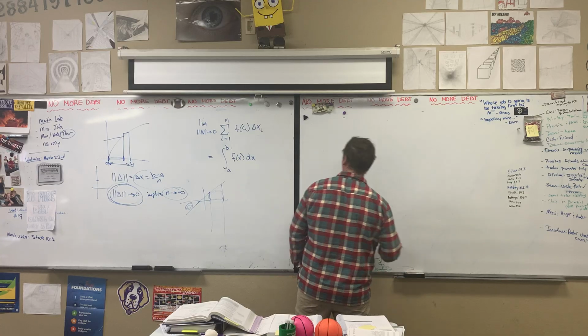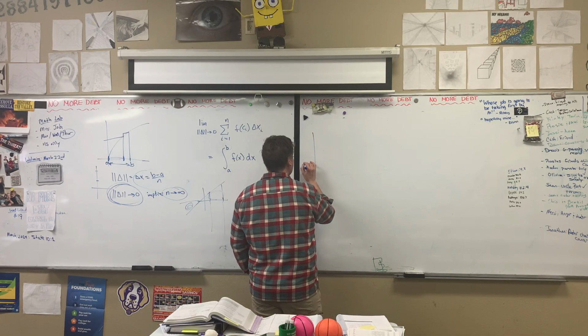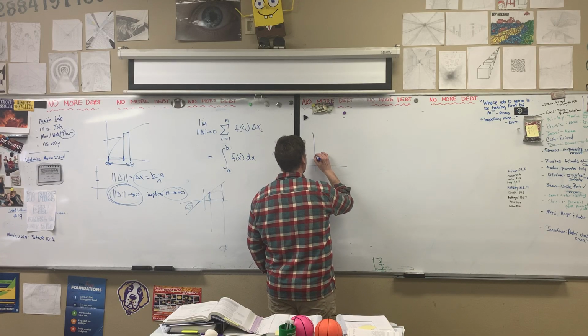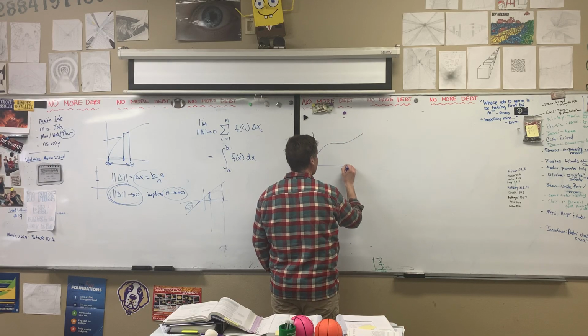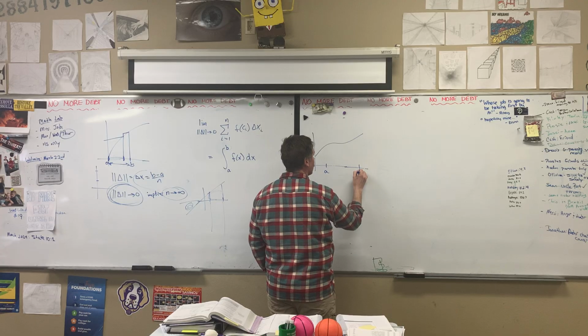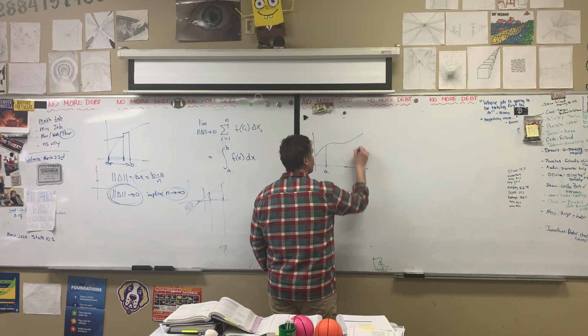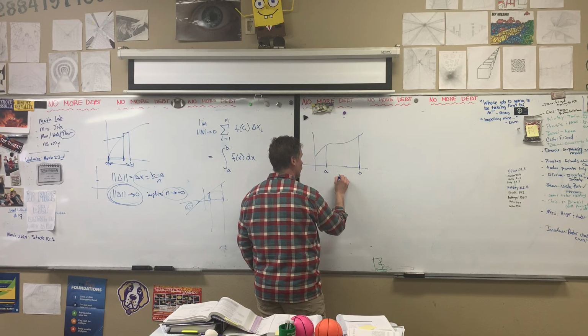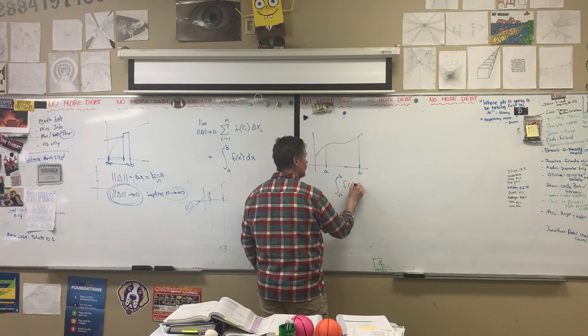If f is non-negative, meaning your graph stays above like this, then the area underneath the curve from A to B is the integration, just like we've written, f of x dx.